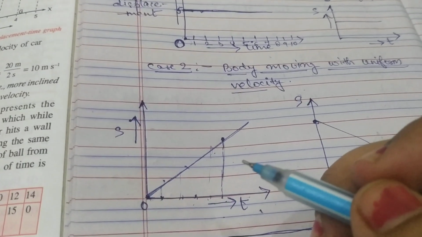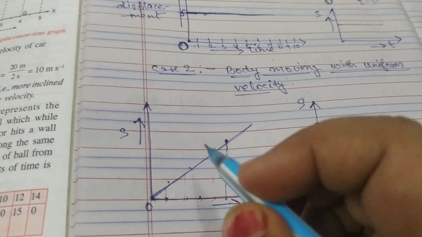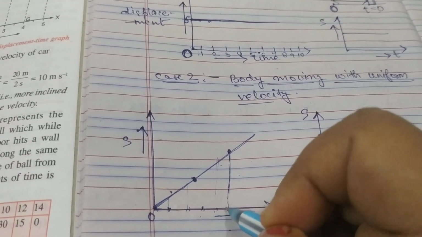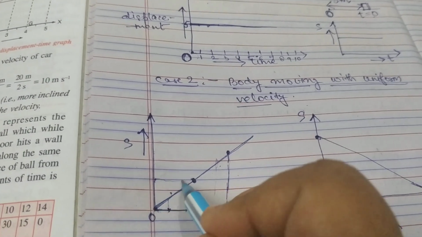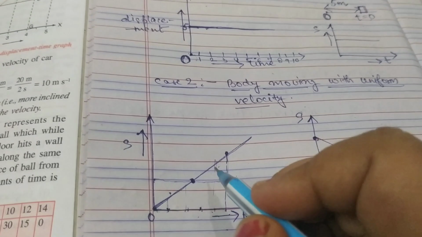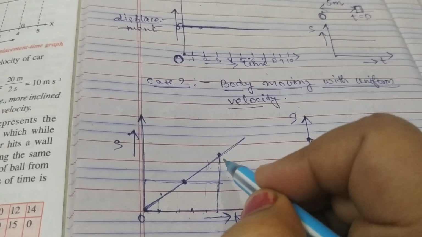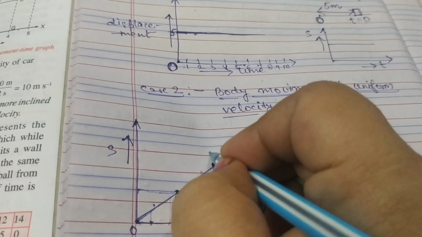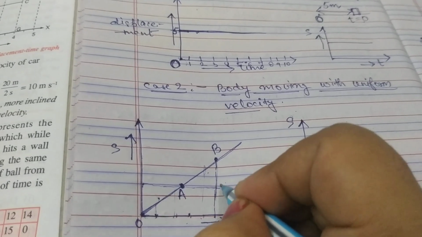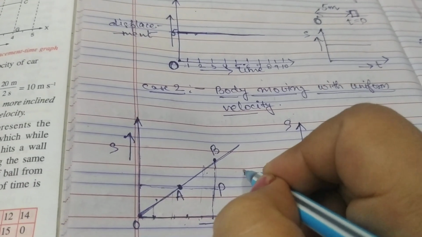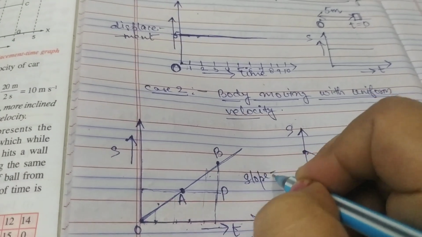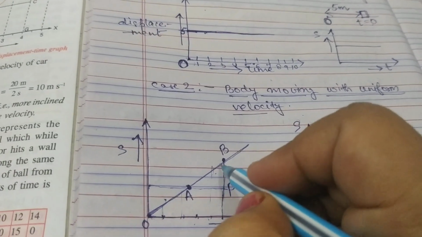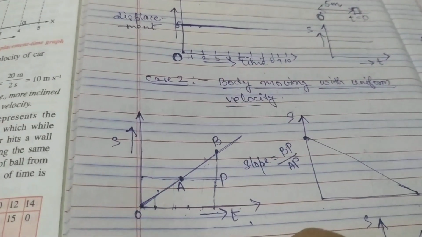Take 2 points over here, make a vertical line here and a horizontal line like this. Suppose this is A, this point is B, and the perpendiculars meet at P, then slope is equal to BP upon AP. Understood?